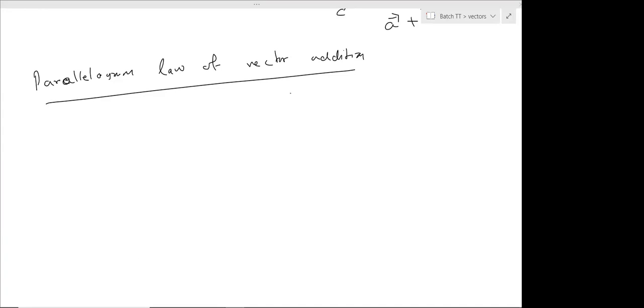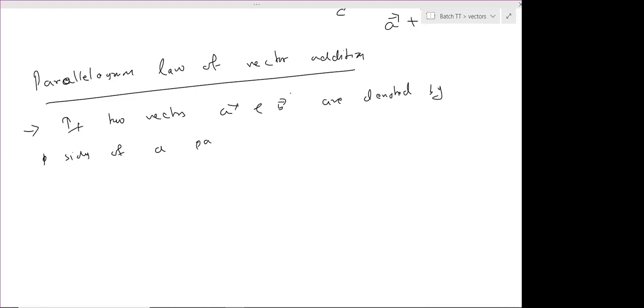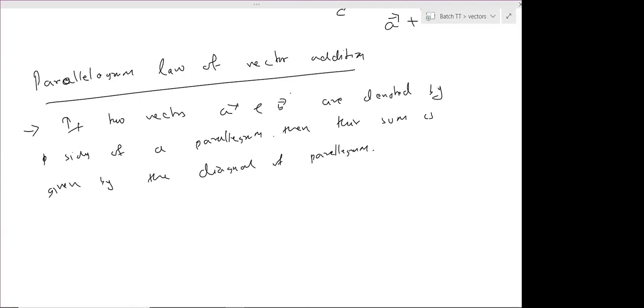All right, what is the parallelogram law of vector addition? If two vectors A and B are denoted by sides of a parallelogram, then their sum is given by the diagonal of the parallelogram.